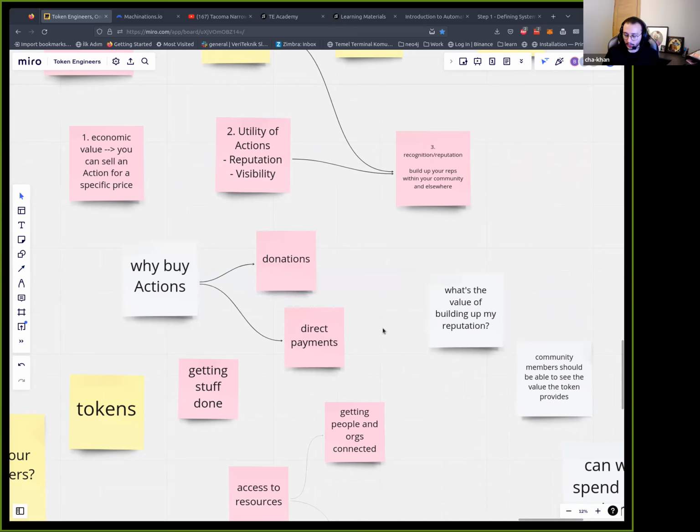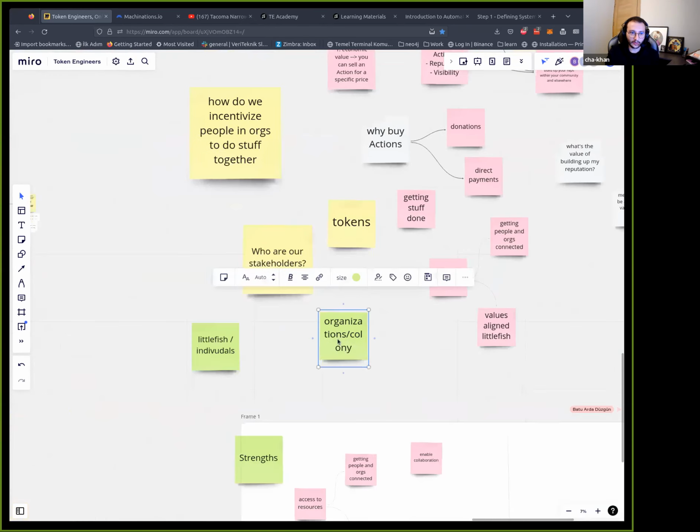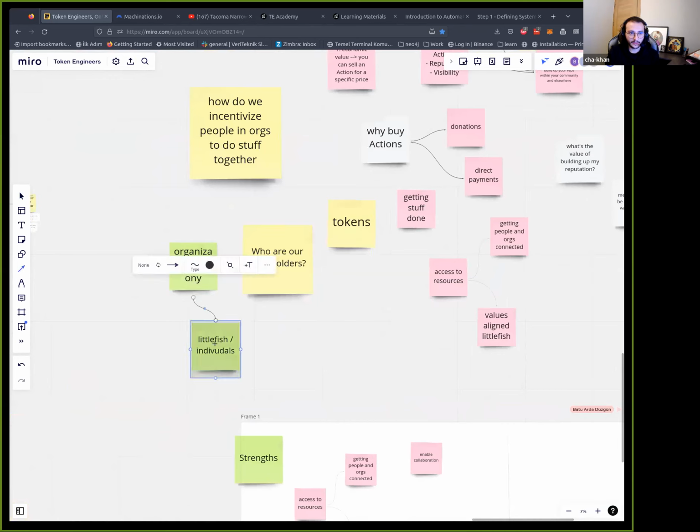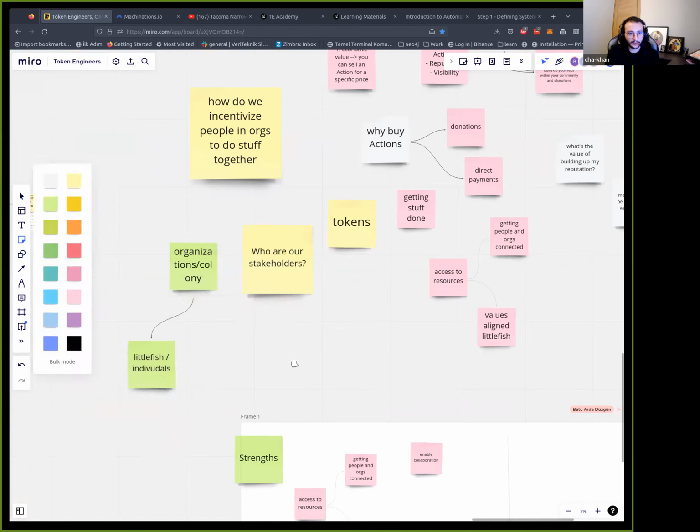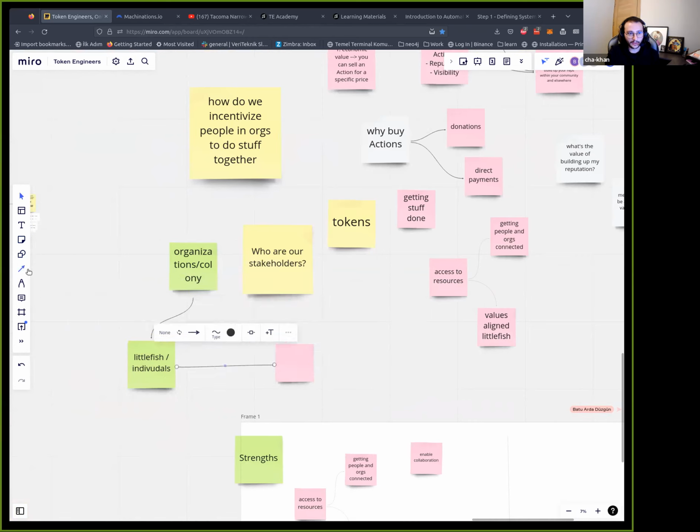Right. That's why I'm really tentative about quantitatively thinking about reputation in this way. This is why we connect organizations and Littlefish. When you produce an action, you produce it as a Littlefish, but you produce it for an organization.